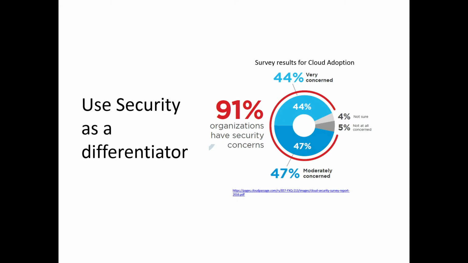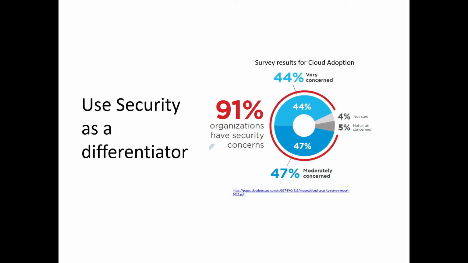So what I'm saying is, use security as a differentiator, right? Cloud Passage did a survey, and 91% of the organizations said they had security concerns going to the cloud. So whatever business you are in, whatever product you are selling, your clients have those security concerns, right?